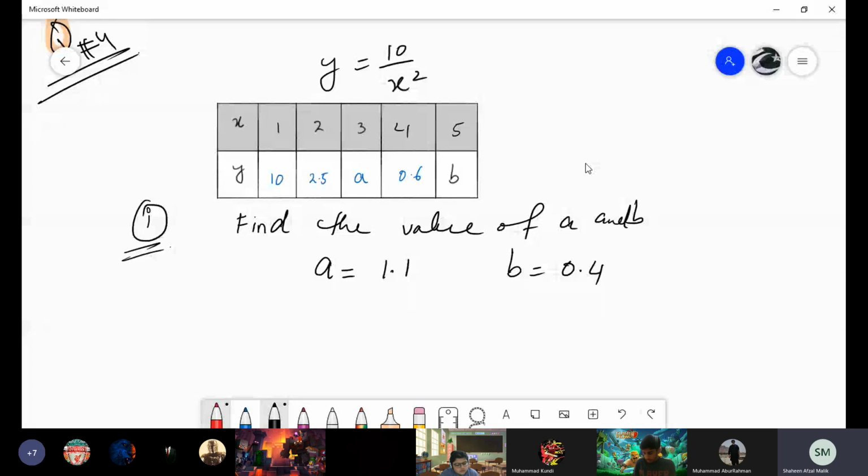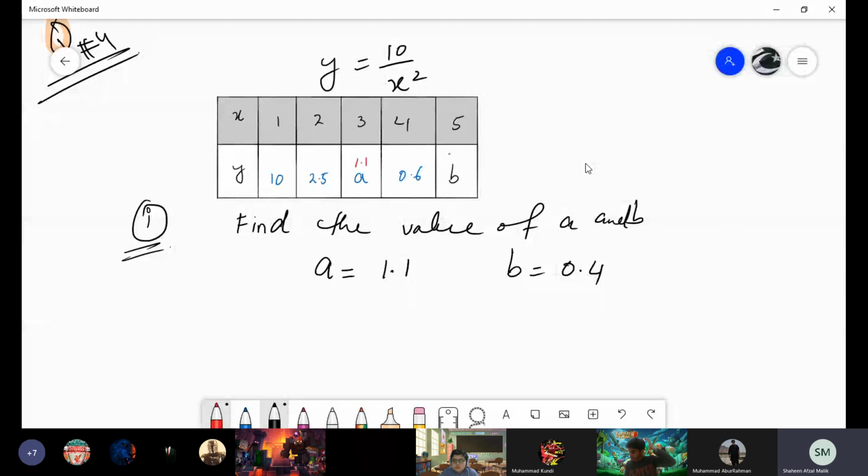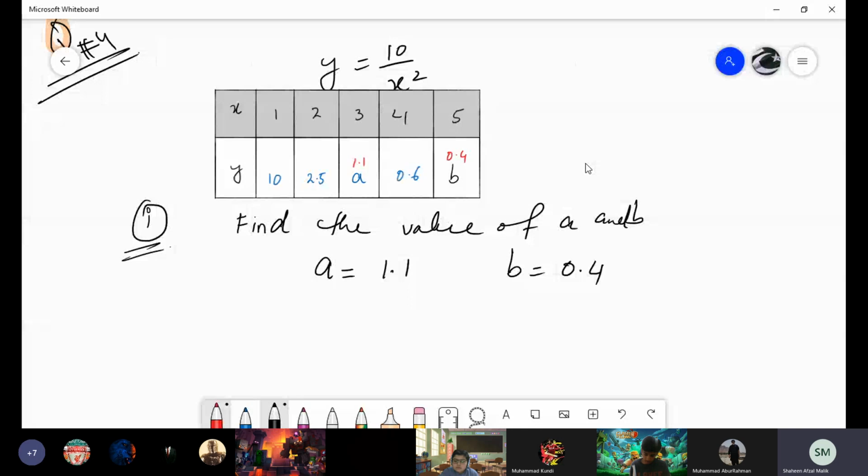So we can write here a is 1.1 and b is 0.4. Now you have the complete table, but you have to use a scale of 2 centimeters to represent 1 unit on both axes.